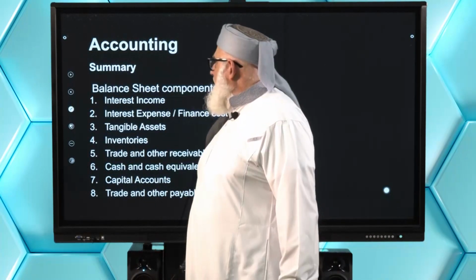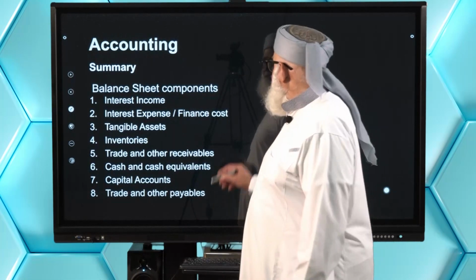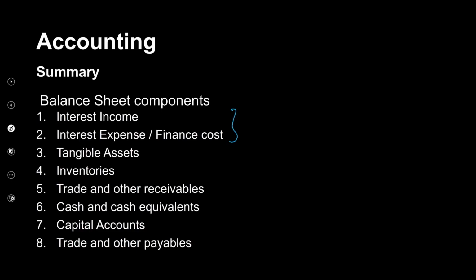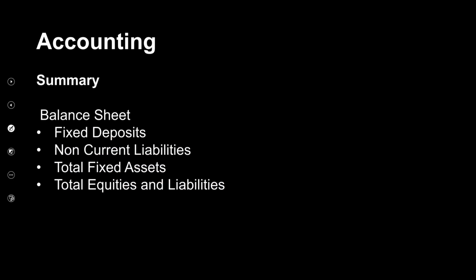Right, guys? So what are my balance sheet components? Remember we said these two would go to my income statement, right? All of these would fall under the balance sheet. What are they? Tangible assets, inventories, trade and other receivables, cash and cash equivalents, my capital, and trade and other payables. Okay? Very important. Fixed deposit, separate it in your balance sheet.